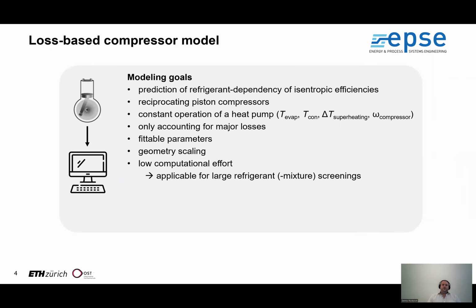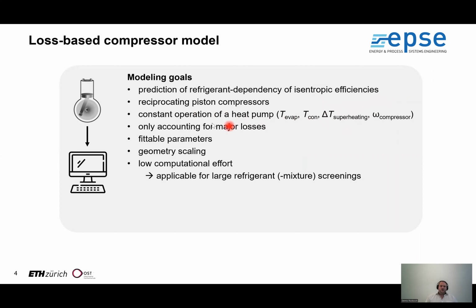So we do it based on a model, and the model shall predict refrigerant-dependent isentropic efficiencies for reciprocating piston compressors and for a constant operation of a heat pump. And that means we keep evaporation and condensation temperatures and the superheating and the compressor speed constant.